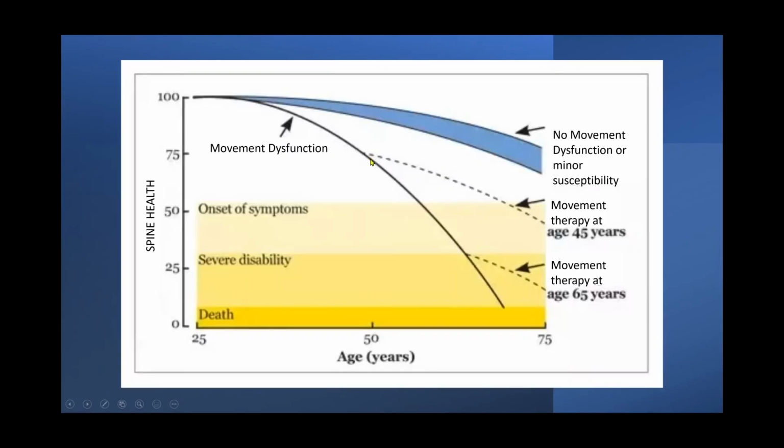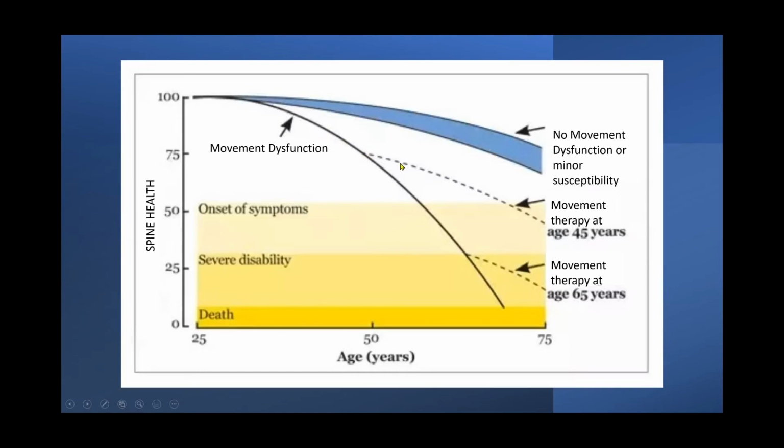So the key point here is that we must implement movement therapy early enough so that they can still age happily with a good quality of life and not have pain and disability. If we get you too late when you've got symptoms and you're still in your 50s, these are arbitrary ages, of course, the earlier the better.